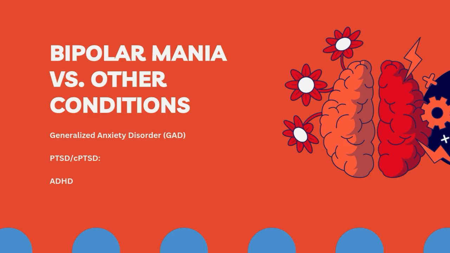Then there's PTSD or CPTSD, and that's hypervigilance in PTSD can mimic mania's distractibility and energy, but it stems from a survival response rather than an elevated mood. And again, they're going to want to go to sleep, but just can't get to sleep or can't stay asleep. And then there's ADHD. So, impulsivity, hyperactivity, and distractibility in ADHD can resemble mania.